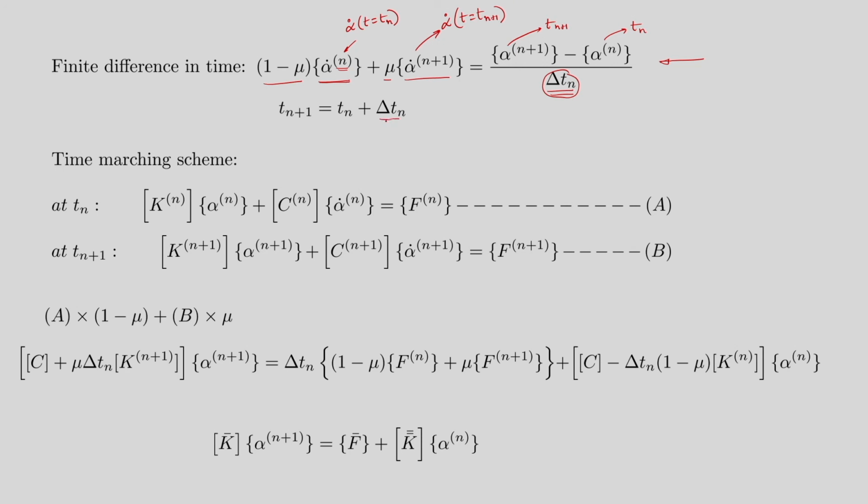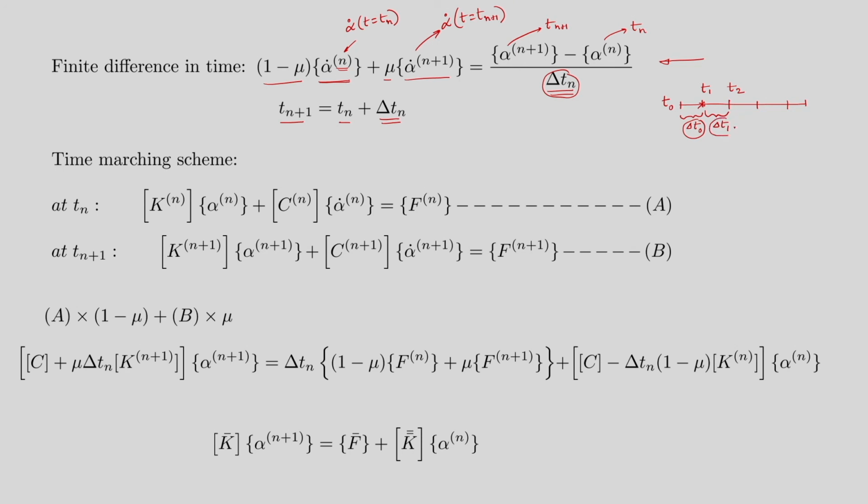Delta t n is basically the difference between t n plus 1 and t n, alright. As I said earlier, the whole time domain has been divided into some intervals, okay. So, we start with t naught, and we obtain the solution at time instant t equal to t 1. This is delta t naught, alright, which we refer to as the time step. Then we will find the solution at time t equal to t 2. This we denote as delta t 1, fine.